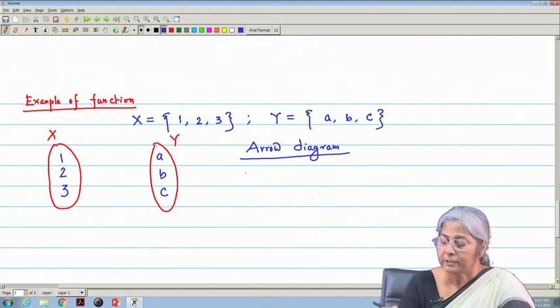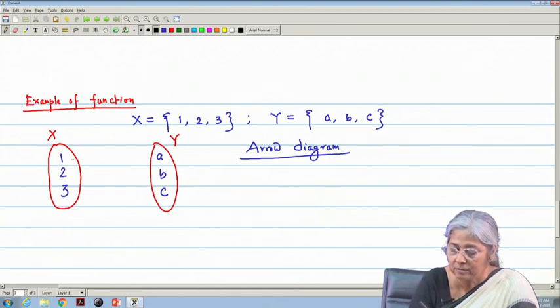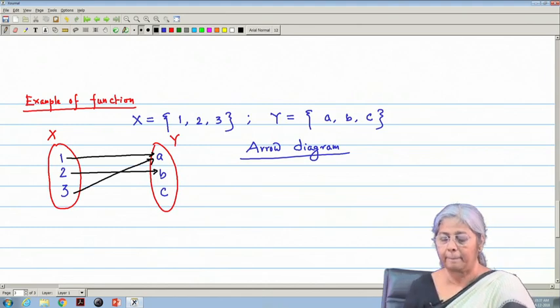So, in an arrow diagram, we draw one arrow from an element of x to an element of y. Say I give arrows here: 1 to a, 2 to b, again I put 3 to a.